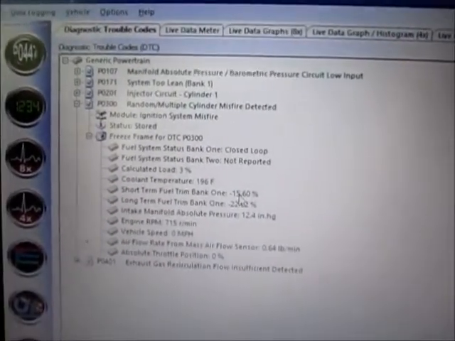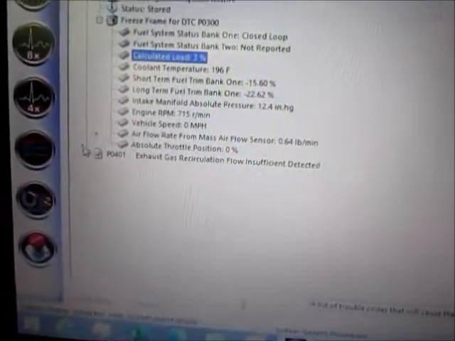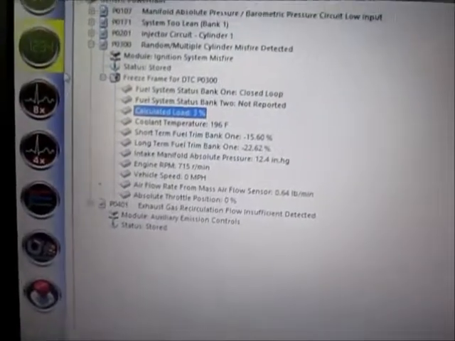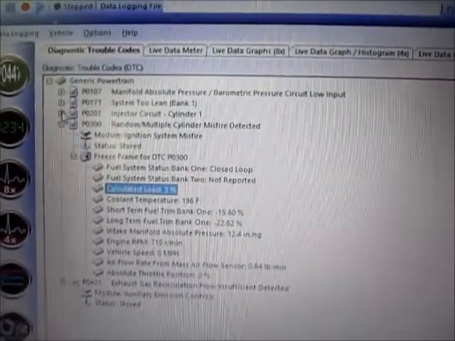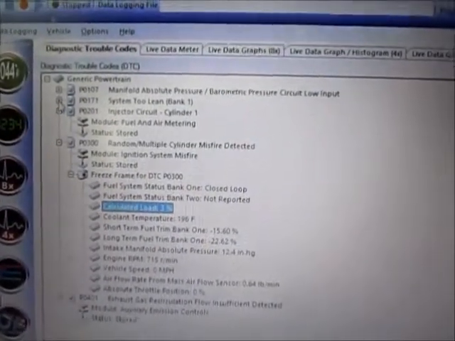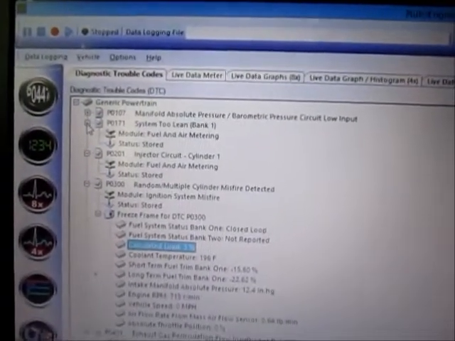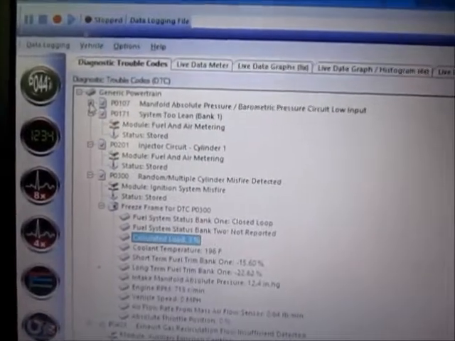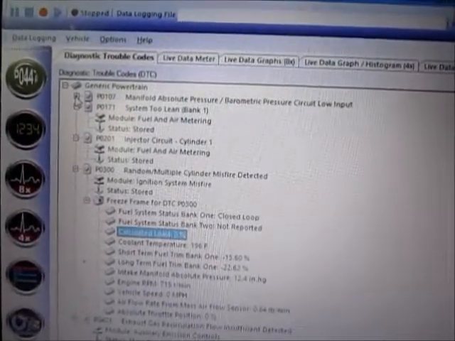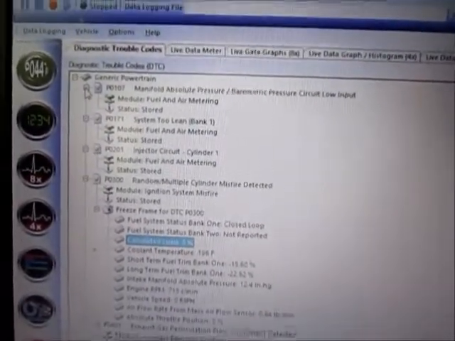Okay, so here are our codes. We've got our exhaust gas recirculation code. This misfire stuff is history. We had an open circuit in injector 1. The wiring was damaged, but it's running good now. And then we've got this MAP sensor DTC low code.